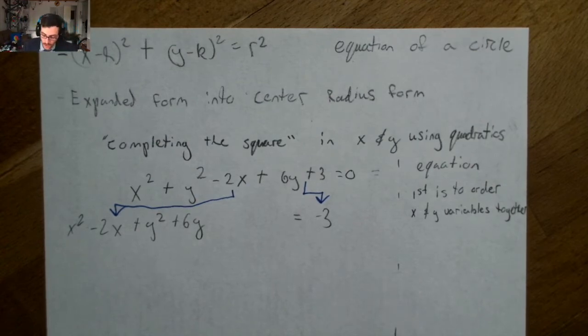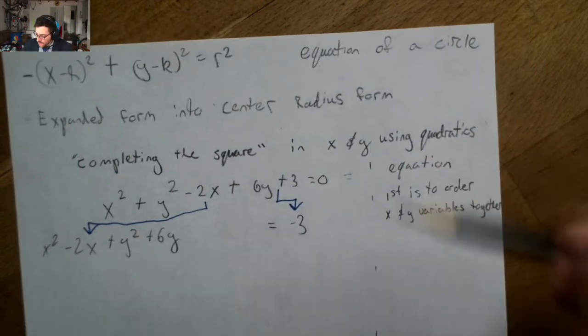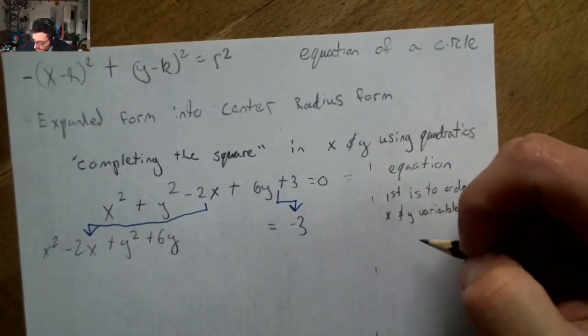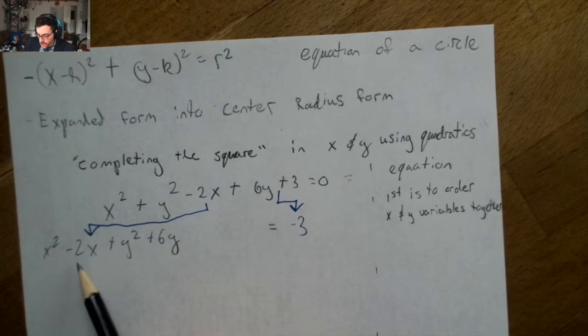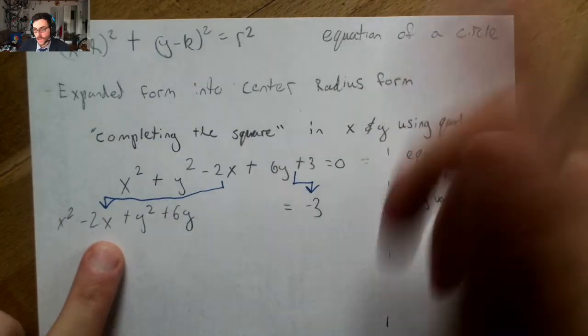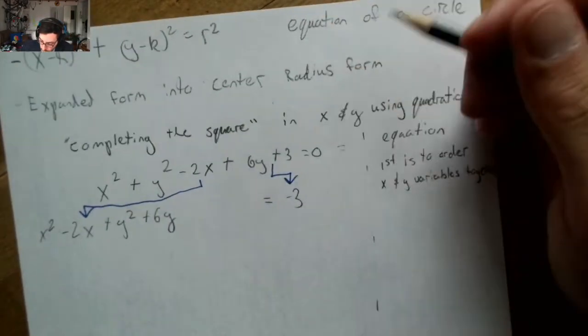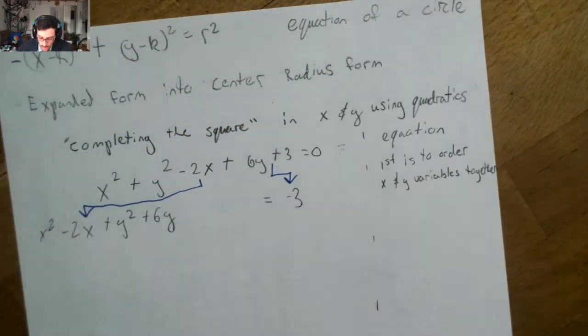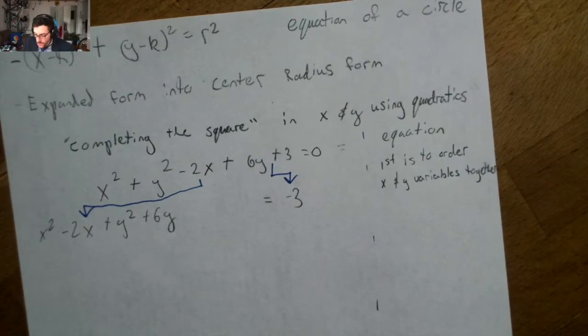Our next step is we're going to find what we're going to call our b values. Our b values are going to be the digits located in front of our x. Not the x squared, but just the plain old x and the plain old y. So I'm going to use another marker.